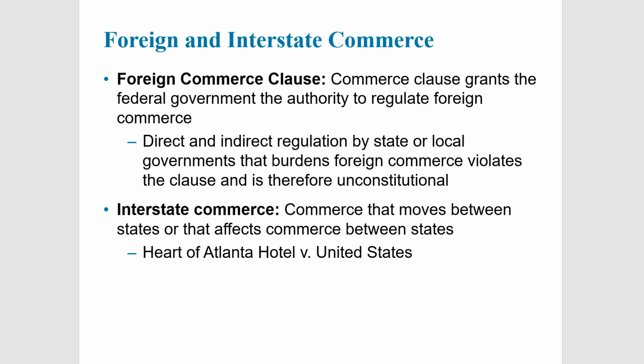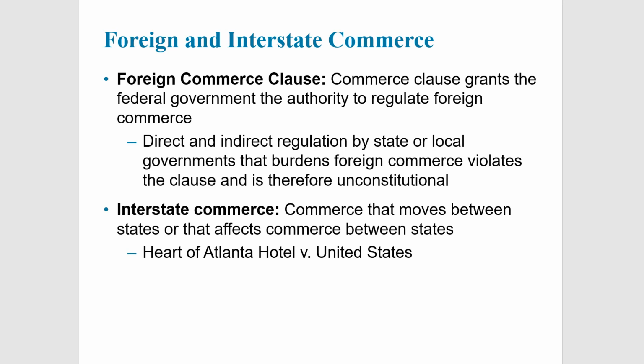The federal government said that they could no longer enforce that policy and they would have to allow black people as guests to the hotel. And Heart of Atlanta Hotel sued the United States, saying that the federal government doesn't have the right to regulate what they're doing. They claimed that they only had the one location there in Atlanta, Georgia, and that since they weren't involved in interstate commerce, they didn't have to follow the federal Civil Rights Act.